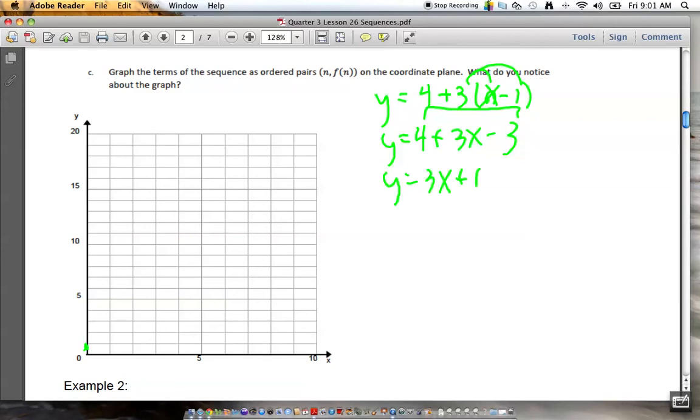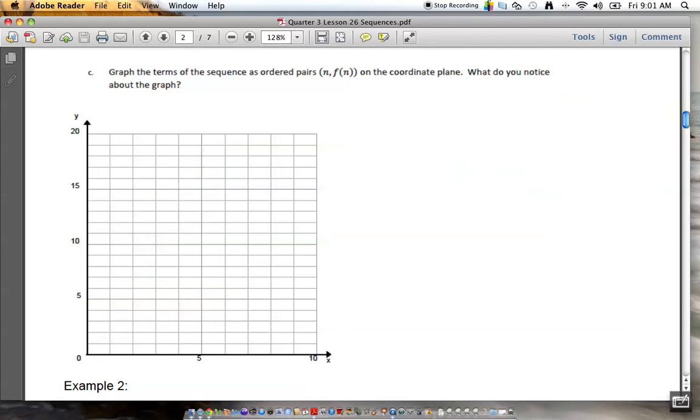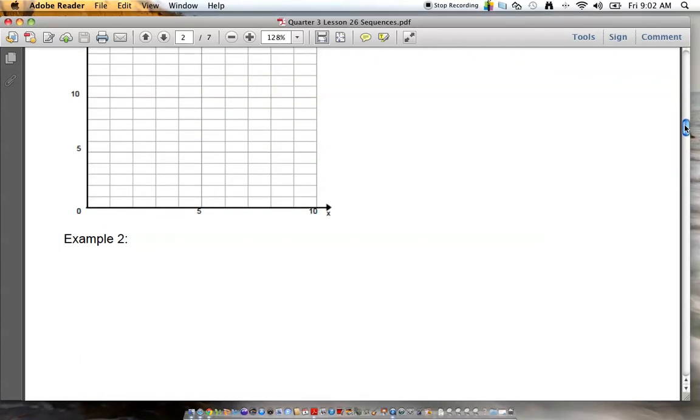Up 3 over 1, up 3 over 1, up 3 over 1. And there is my sequence. Graph. So in other words, if I go out here later on to the number 4, right here, you're going to get 14. Okay? Preguntas? No questions? Excellent.